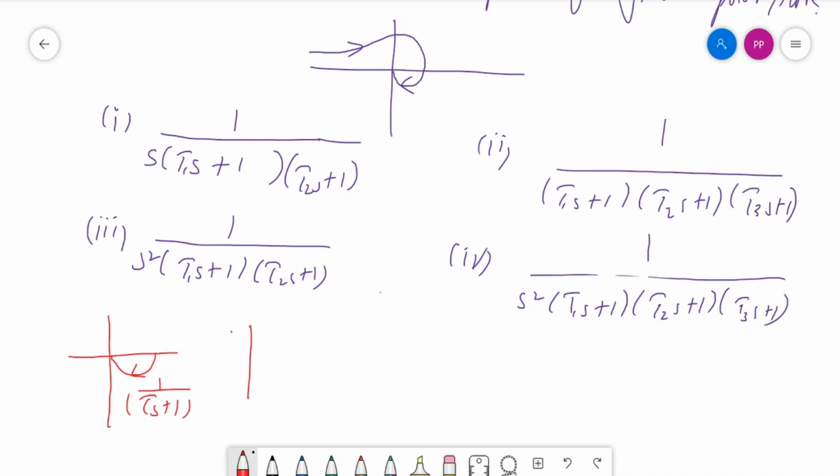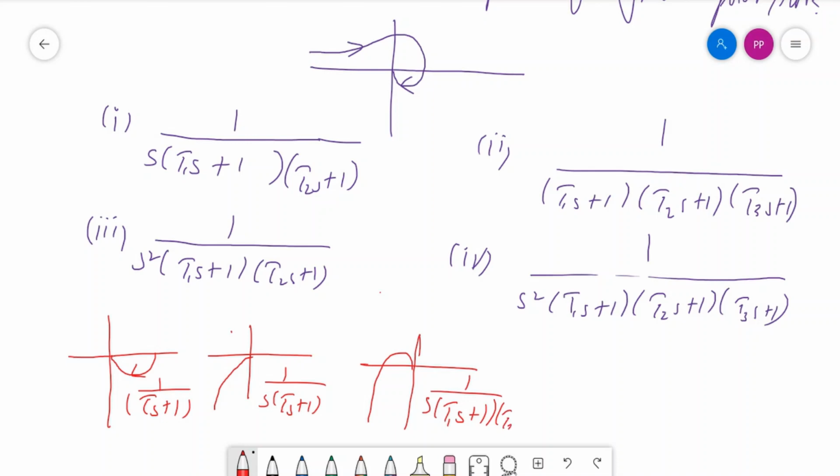We have another plot like this. So we have 1 by s into tau s plus 1. So we go a little further and draw a plot like this. So this is 1 by s into tau 1s plus 1 into tau 2s plus 1.